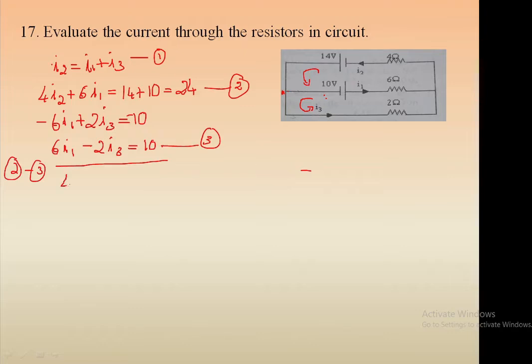So we have 4I2 minus 2I3, that is plus 2I3, equals 24 minus 10, that is 14. That is equation number 4. Now let us substitute equation number 1 in equation, I think it is better to use equation 2.